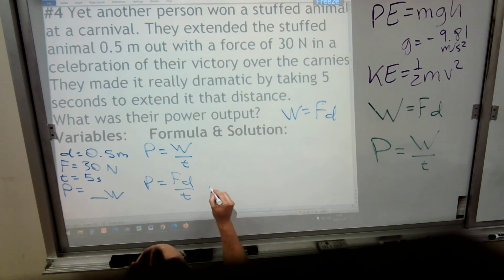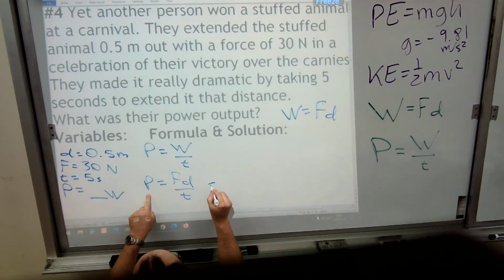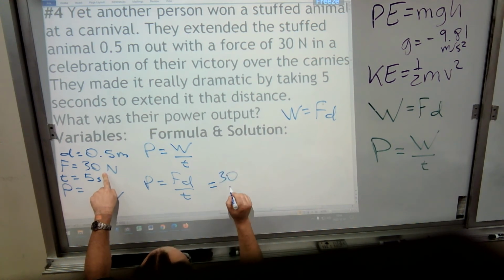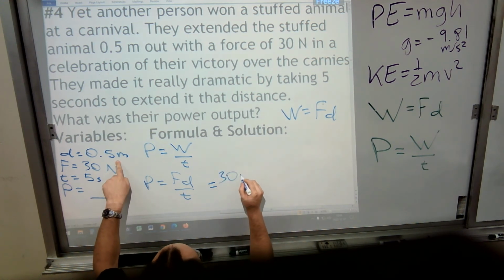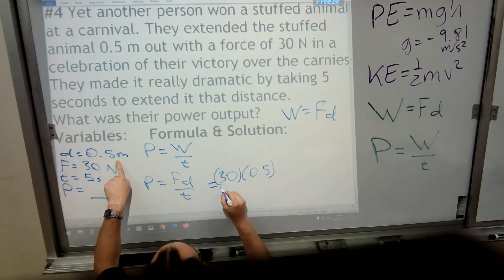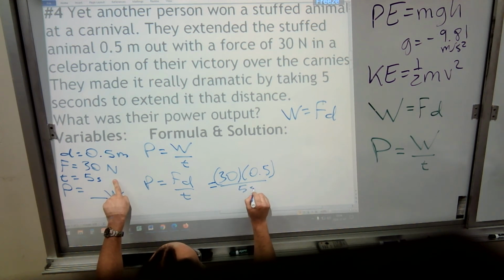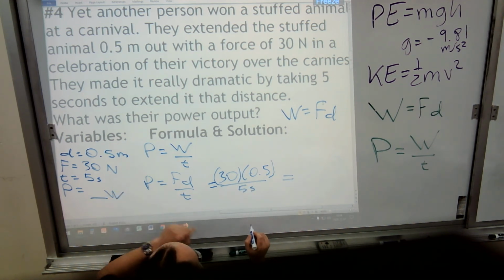I'm looking for power, so I just need to plug in these three. Force is 30. Distance is 0.5. And time is 5. Did y'all get it already?